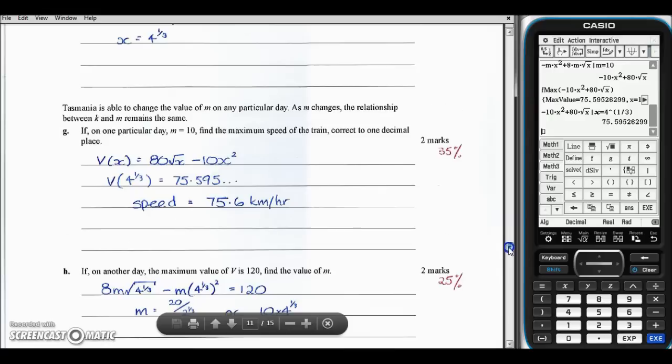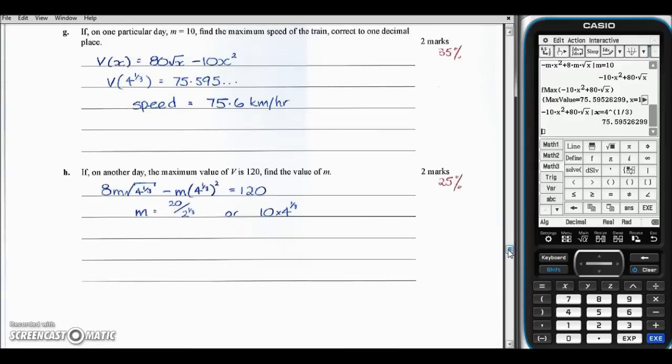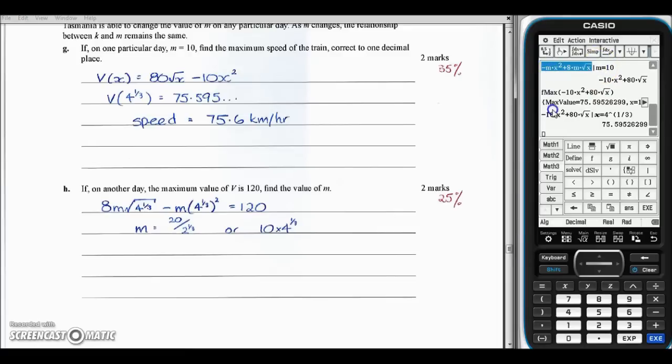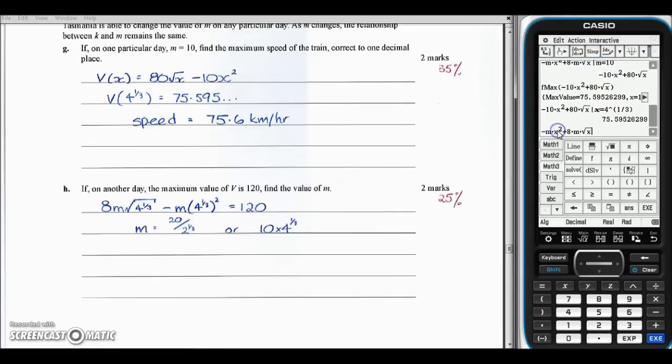Okay, so moving on. On another day, the maximum value of v is 120, so find the value of m. So kind of the reverse question here. This time, using this function here, we're told that the maximum is 120.